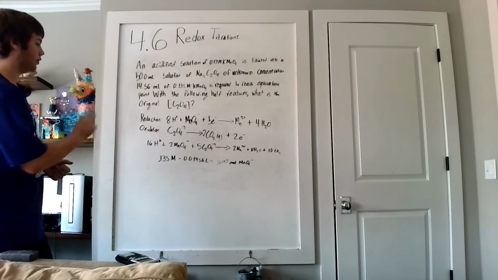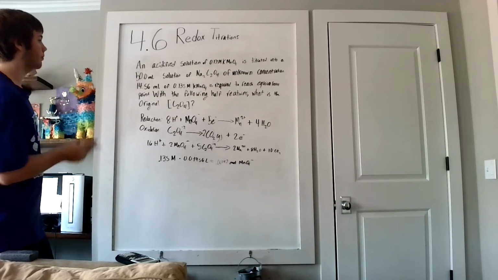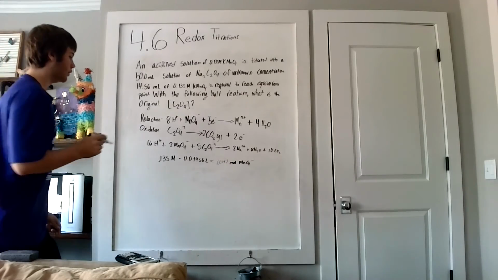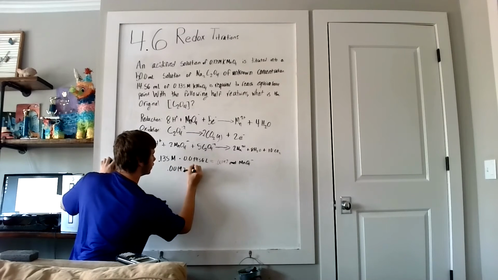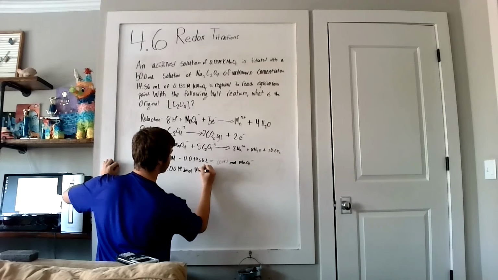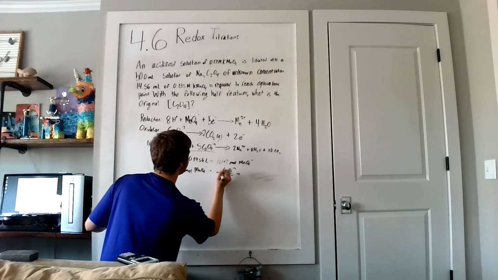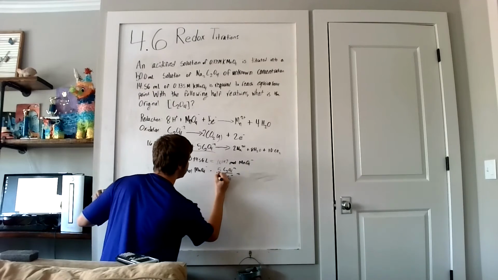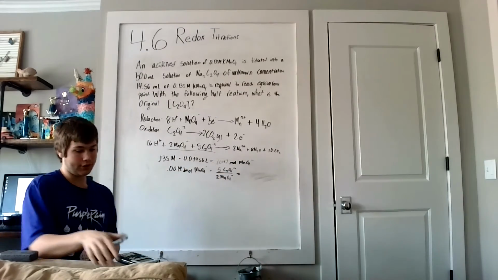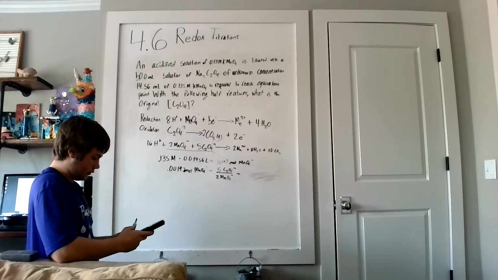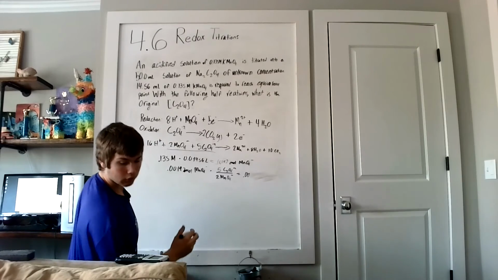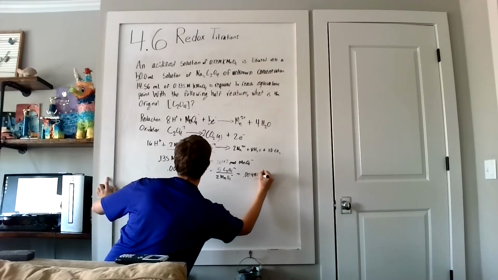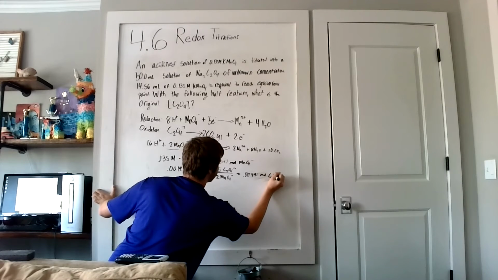Now that we know the amount of moles of permanganate at the equivalence point, we can multiply this number by 5 oxalate per 2 permanganate, and that gives us 0.00491 mole oxalate.